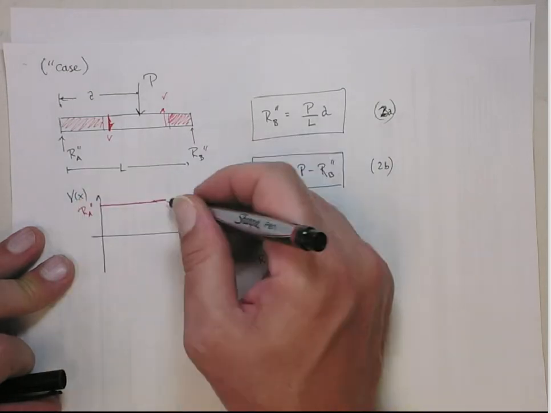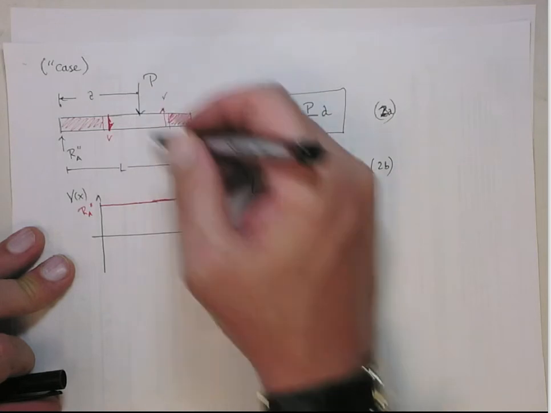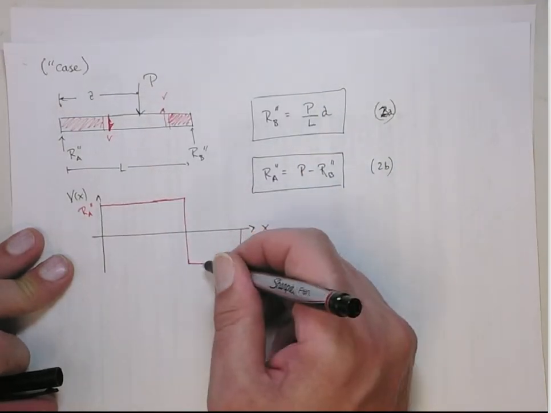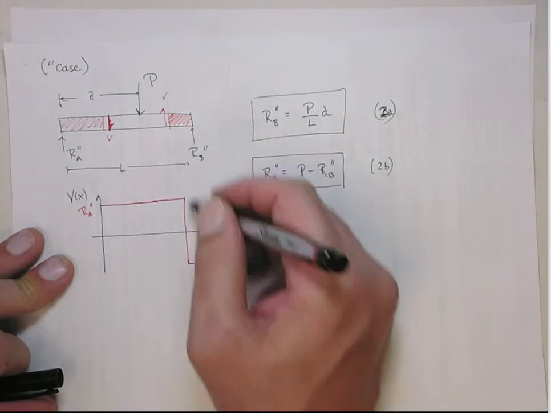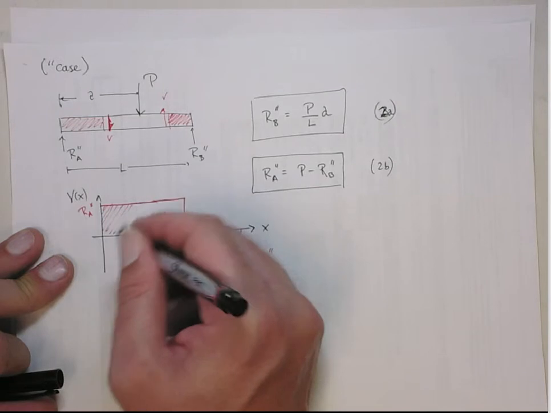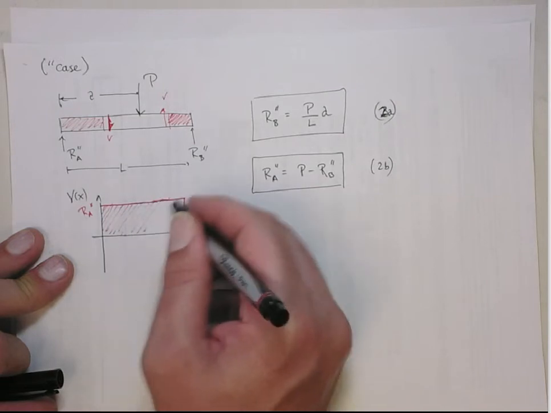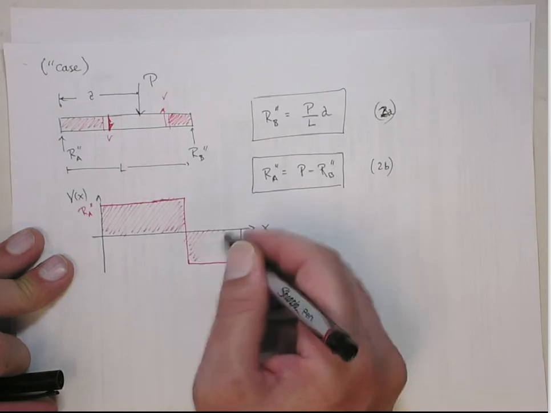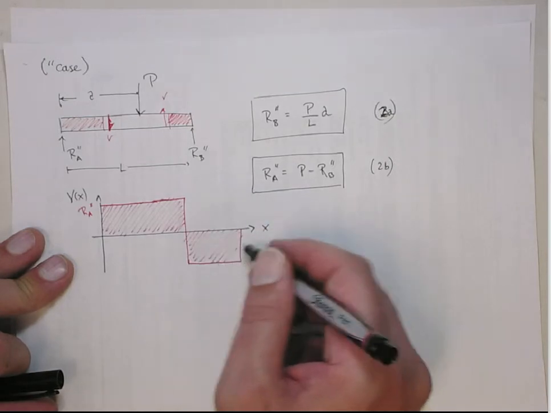And then right at the point P, the difference between those two is obviously this jump is P, right? So that's the shear diagram for the point load only. Again, the maximum values will be at the end.